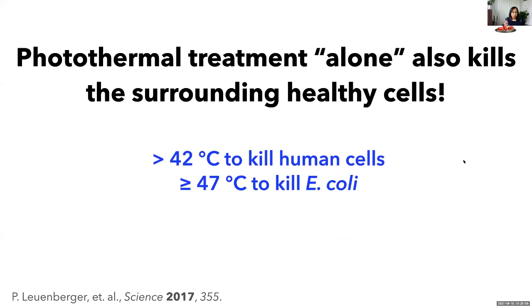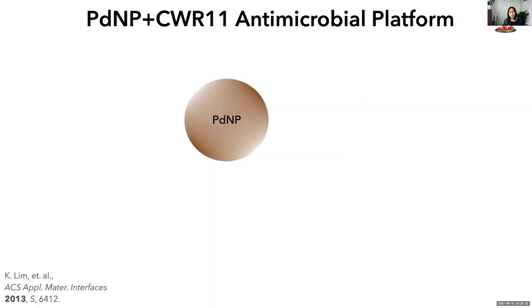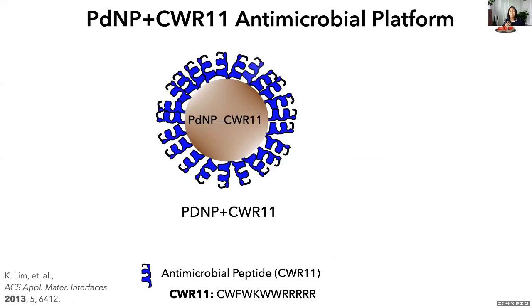But many people here know that this is actually not new, and this is in fact a big challenge in the field. One way to mitigate this is to specifically target the target, so in our case, specifically target the bacteria. We tried this approach, and the way we did it is starting with our bare polydopamine nanoparticle, we further decorated it with an antimicrobial peptide with dual functionality.